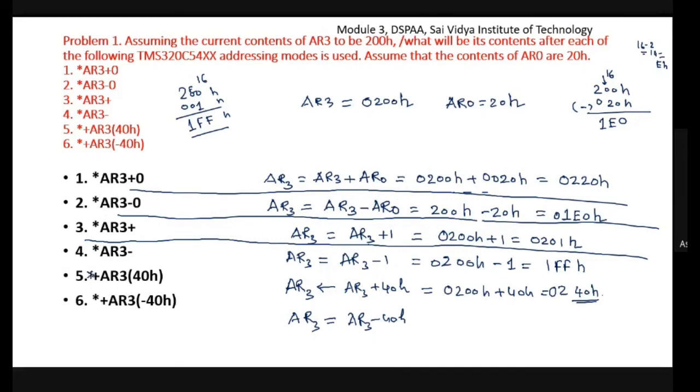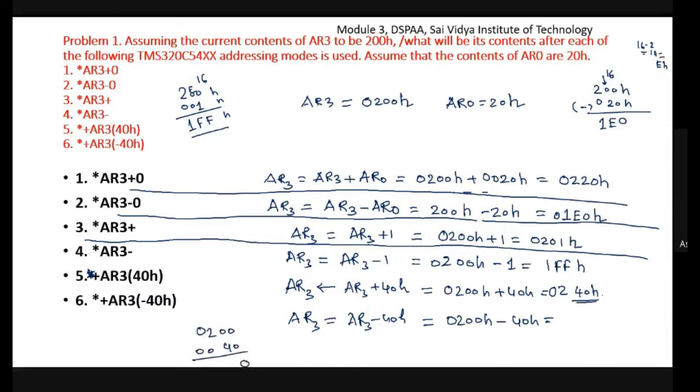The star is missing here, the star should be there. Again in this case it is 0200 hexadecimal minus 40 hexadecimal. When we perform this subtraction, I'll show you the subtraction of 0200 hexadecimal with 0040.